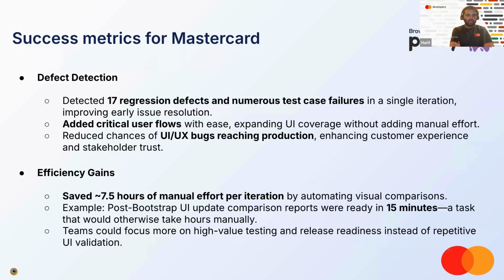To compare those pages manually, I've given a ballpark number that each page comparison would take around 10 minutes for manual eyes, and we have almost 200 pages that we are covering right now. That's where the number of 7.5 hours comes from that we save every iteration. Wow.